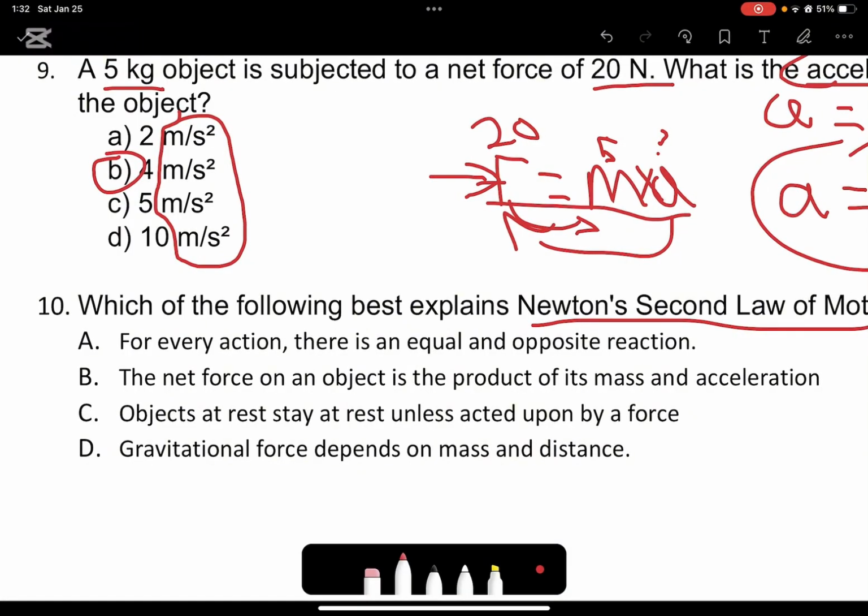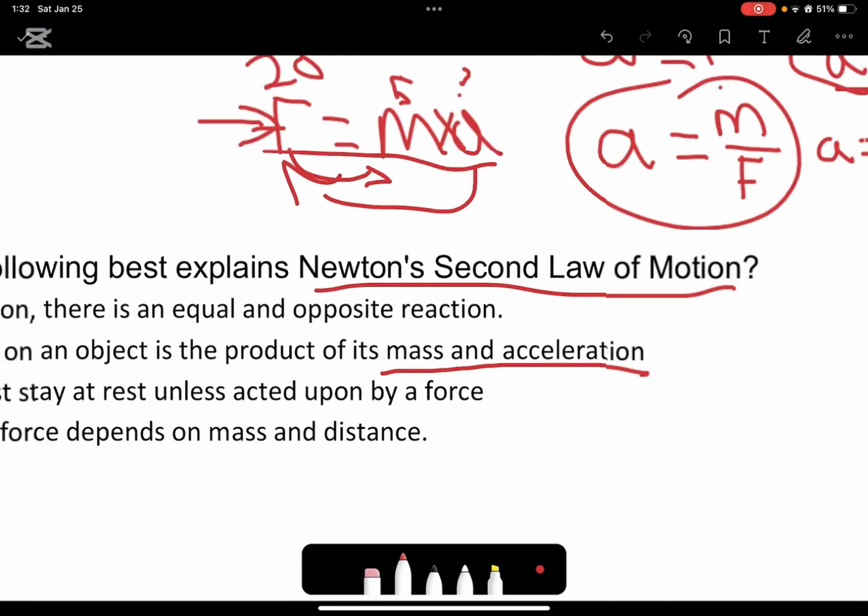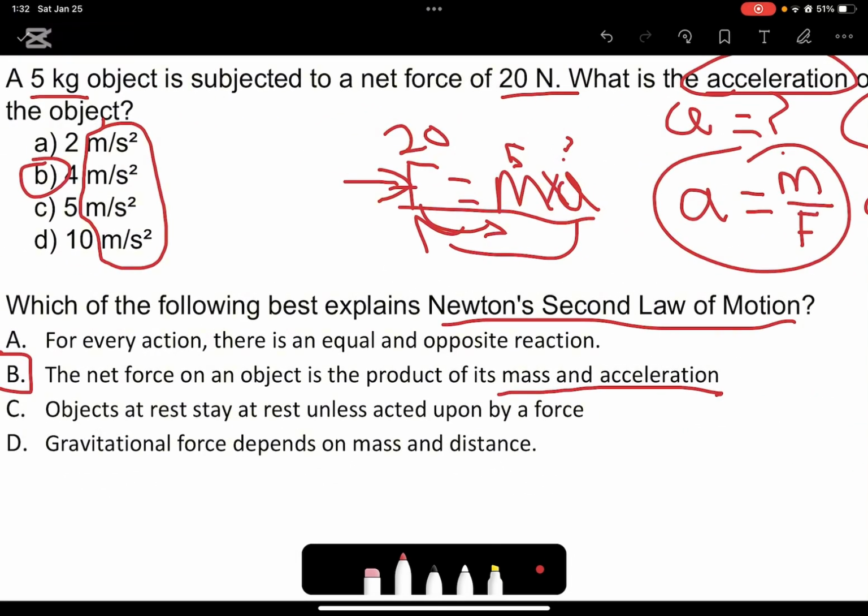Feel free to pause the video. I'll be with you in a second. So the answer is going to be B, because here it says product of mass and acceleration. So this is the second law. B is the second law of Newton.